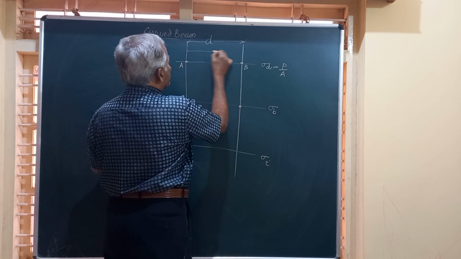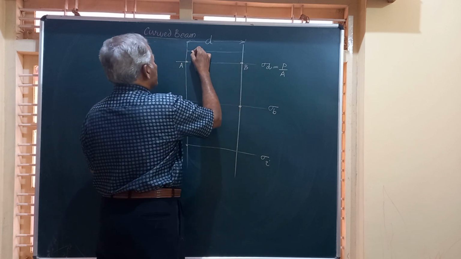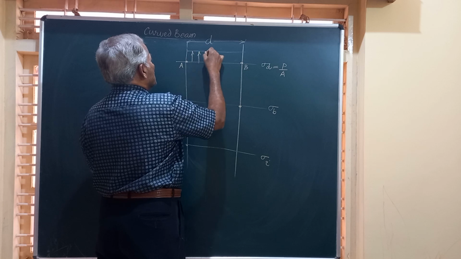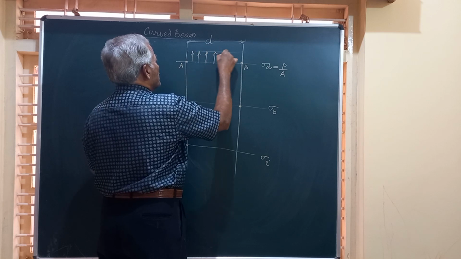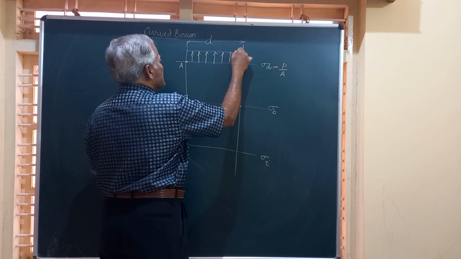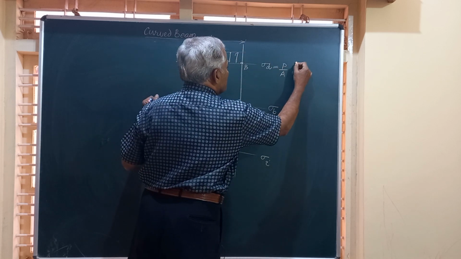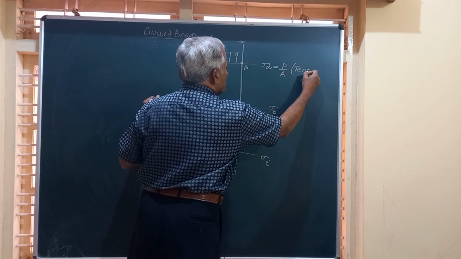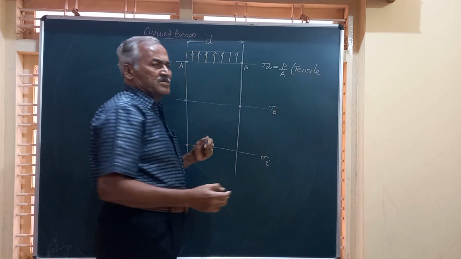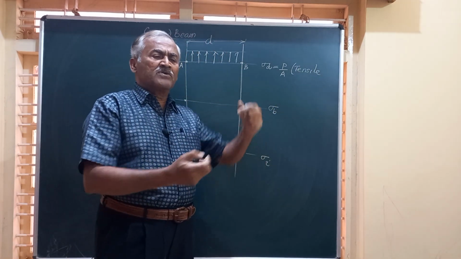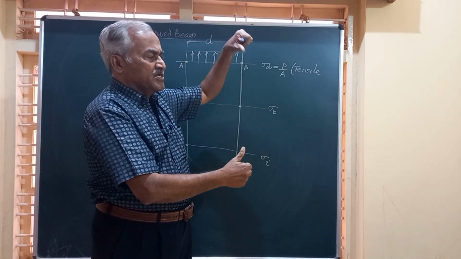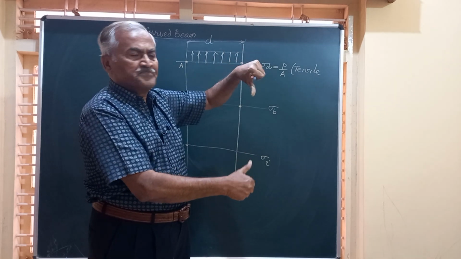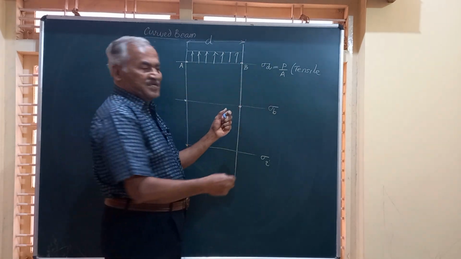So I am going to show the magnitude of this load. In this case, this is tensile in nature throughout the cross section. In the same problem, if the load instead of acting upward were acting downward, then this would have been compressive.